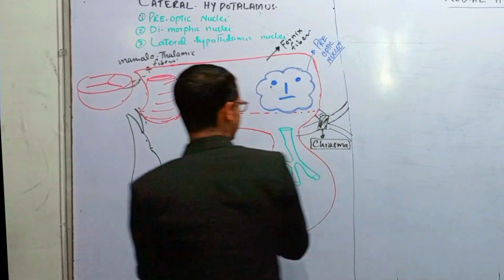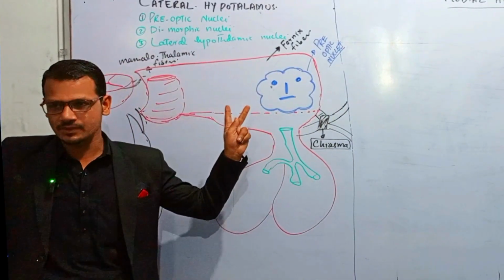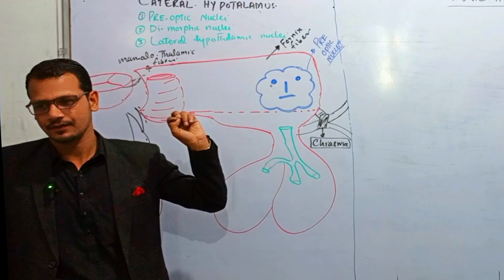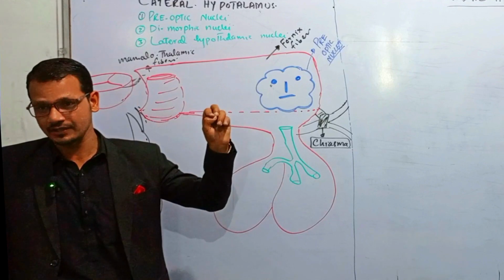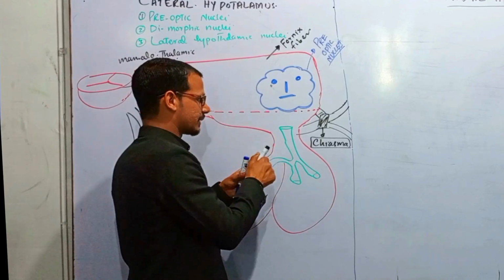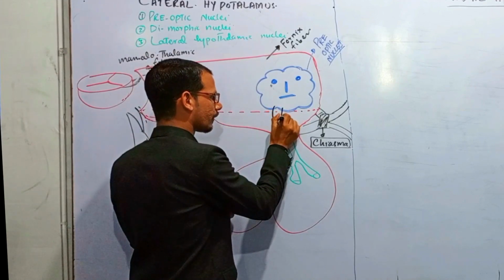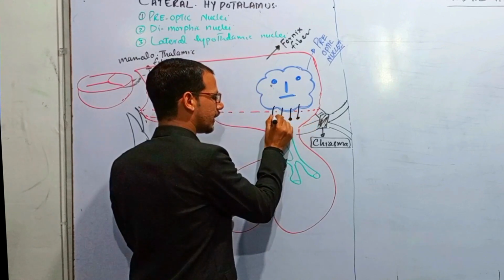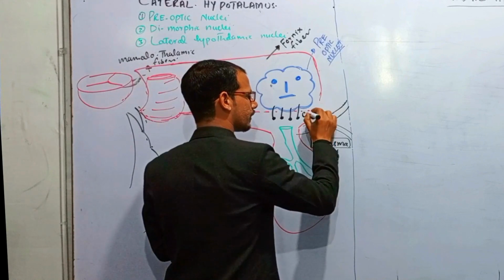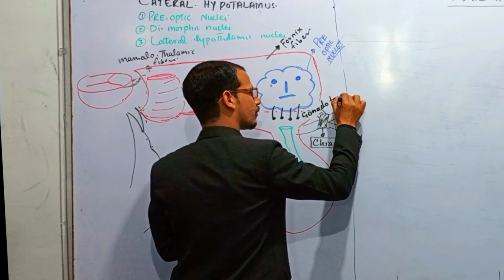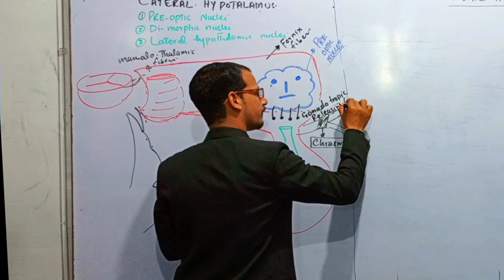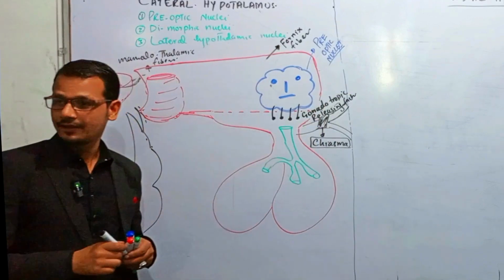Now listen, this nuclei is responsible for the formation of gonadotropin releasing hormones. For example, this is responsible for the formation of chemicals, and these chemicals are gonadotrophic releasing factors, right?